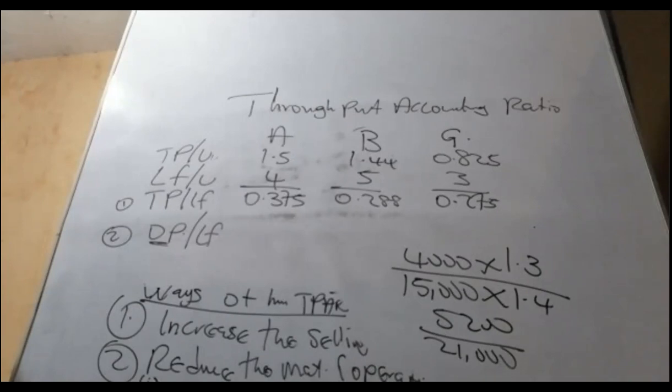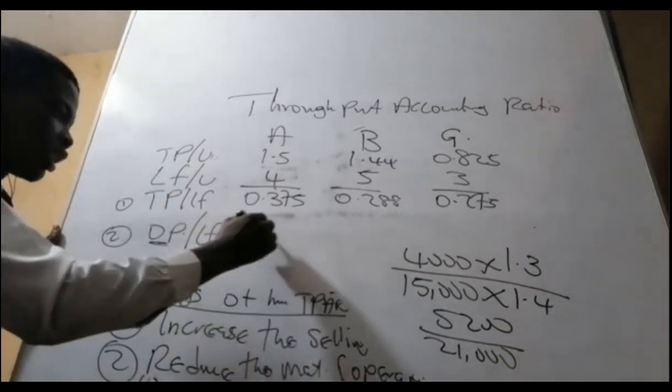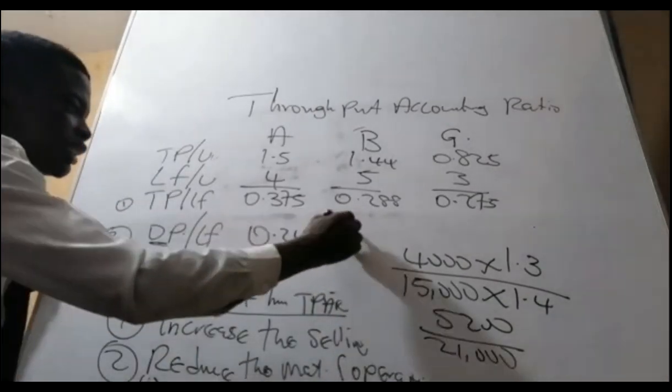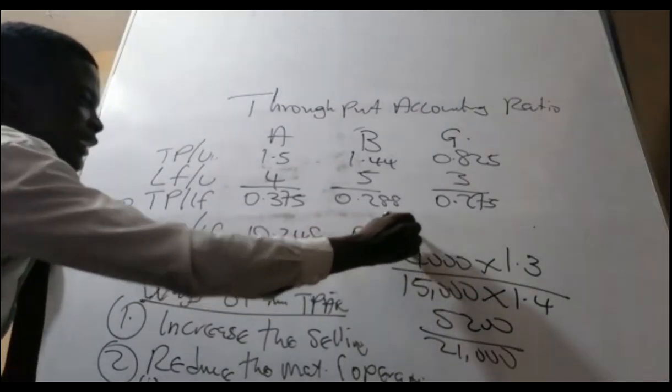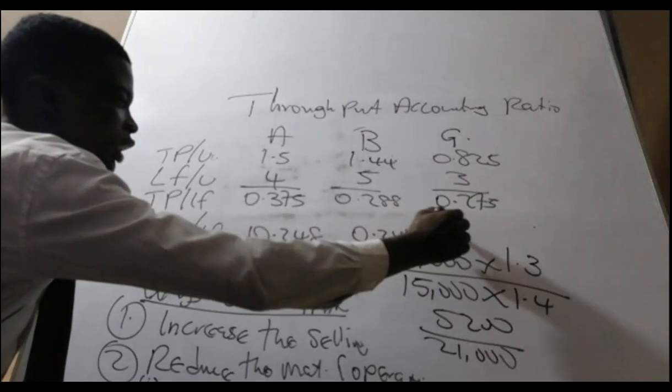Agreed. So here it's 0.248, 0.248, and 0.248. Perfect. I think someone had to correct it.